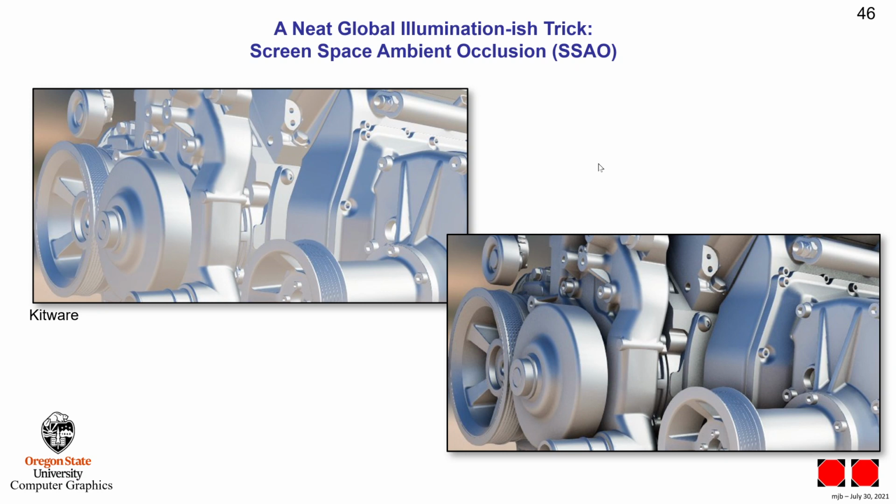But yet, because it's taking more than one polygon at a time into account, that's why I'm calling it global illumination-ish. It's got some characteristics of global illumination without the algorithm having to do any global geometry analysis or comparisons. But it's a great trick. And being done in screen space, it is pretty fast. So keep that in mind.